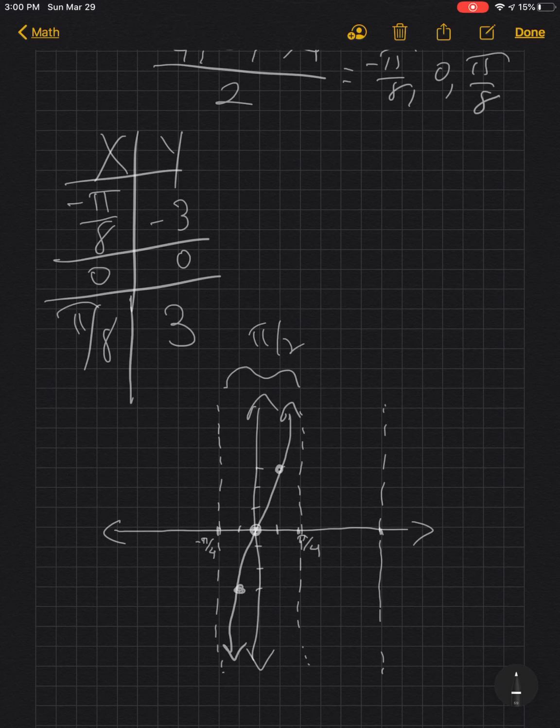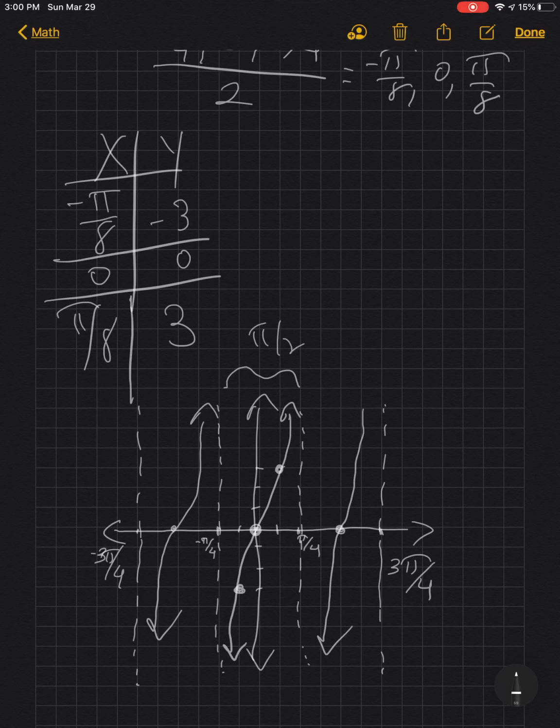Since we're going by pi over 4's now, this would be 3 pi over 4. And we would have negative 3 pi over 4. Okay, and we're going to just sketch this to make it look like the middle guy. And voila! Here's our function y equals 3 tan of 2x.